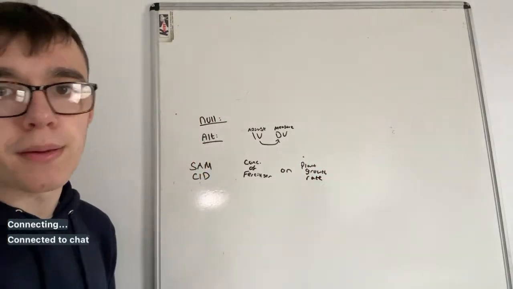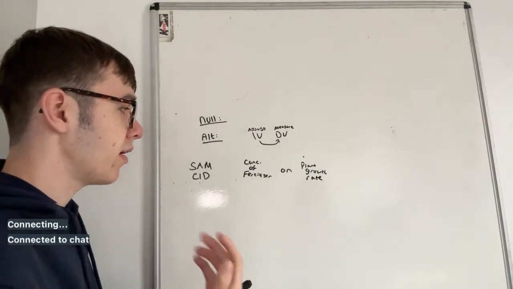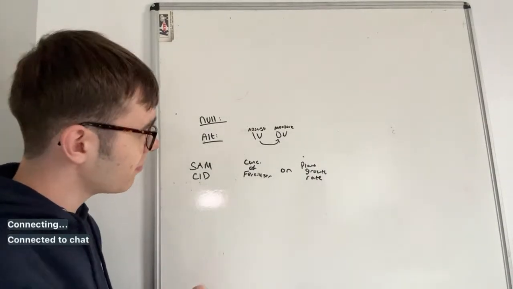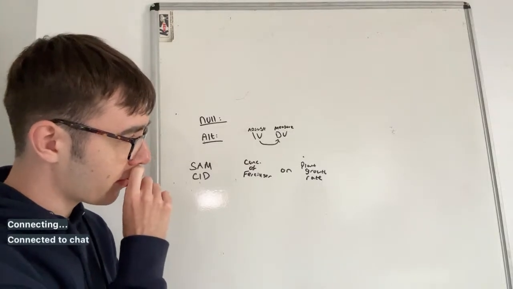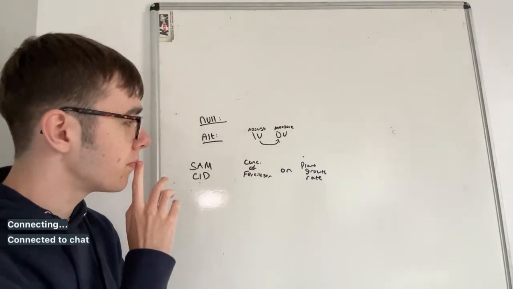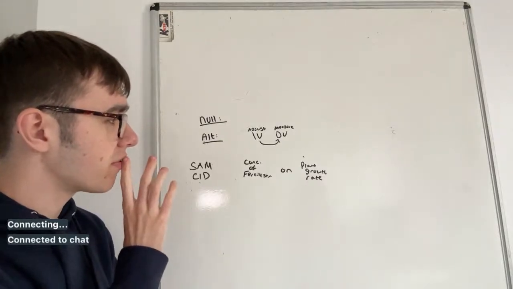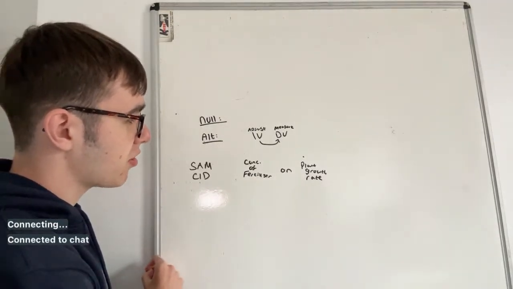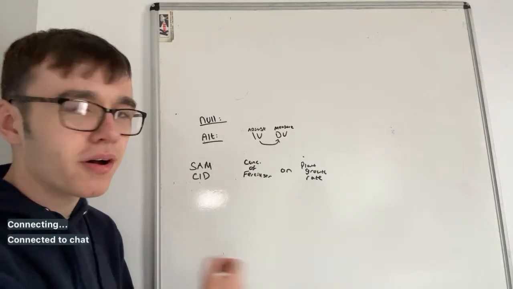So an alternate hypothesis might be that there will be a significant... In fact, hold on. How do I always mess up the wording of these. There will be a significant difference of plant growth rate based on concentration of fertilizer. That could work.